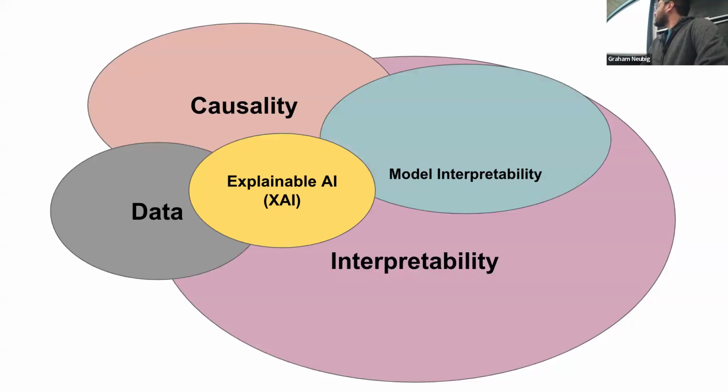Model interpretability sits on the other side of things. It intersects a little bit with causality and explainable AI, but is a little bit separate from it. And mechanistic interpretability, which you've probably heard of, has gotten a lot of buzz recently, and sits inside of model interpretability. It's a special case of model interpretability. I hope the mech-interp people agree with me.